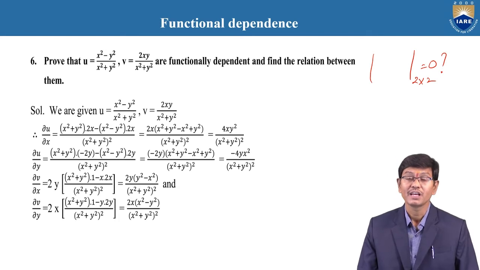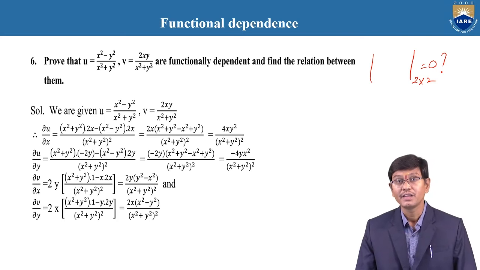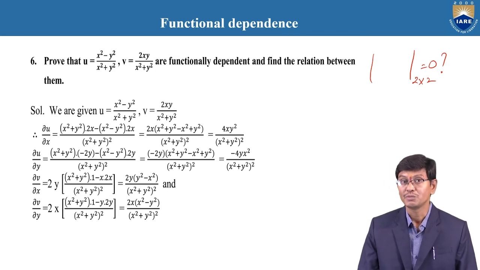And similarly, here also, if you observe, v also has the independent variables x, y involved, in the numerator and also the denominator. Therefore, ∂v/∂x is equal to the denominator into numerator derivative minus numerator into the denominator derivative, by the denominator whole square.